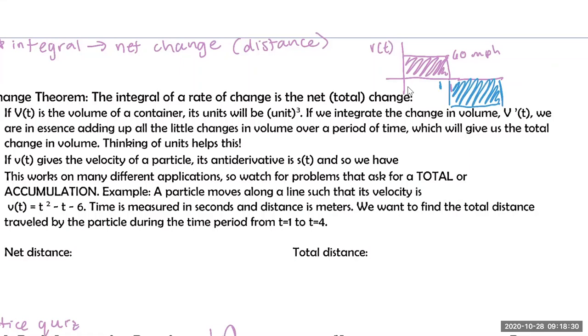So if you think about integrating from 0 to 2, where 0 to 1 was you going forwards to UCLA, and then from 1 to 2, you're heading back home at negative 60 miles per hour, then your net distance is what you've traveled over that entire time.